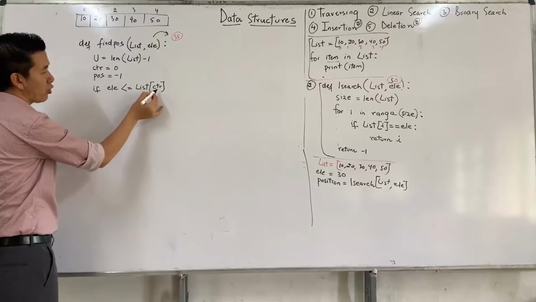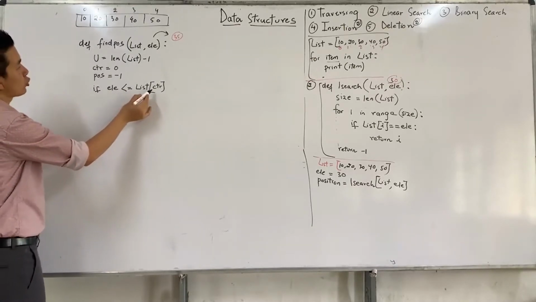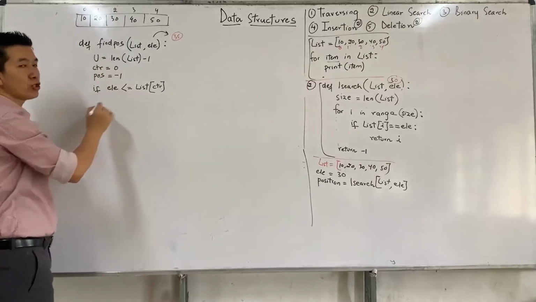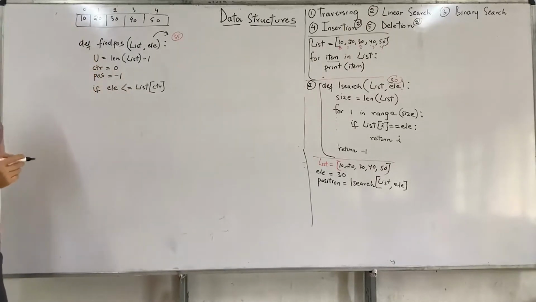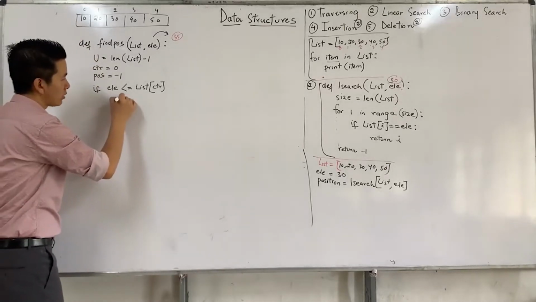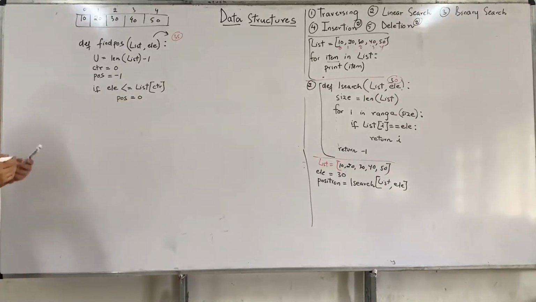The initial value of CTR is 0, so list of 0 means you're referring to the first element. If the condition is true, either the first element is equal to 10 or the element is less than 10, the appropriate position will be 0. So in this case, we assign 0 to the value of position.